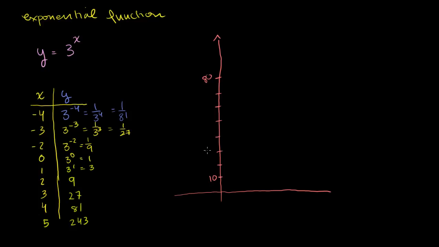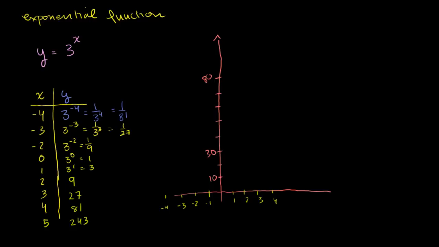That's 10. That's 30. That'll be good for approximation. And then let's say that this is -5. This is +5 right here. And actually, let me stretch it out a little bit more. Let's say this is -1, -2, -3, -4, and then we have 1, 2, 3, and 4.